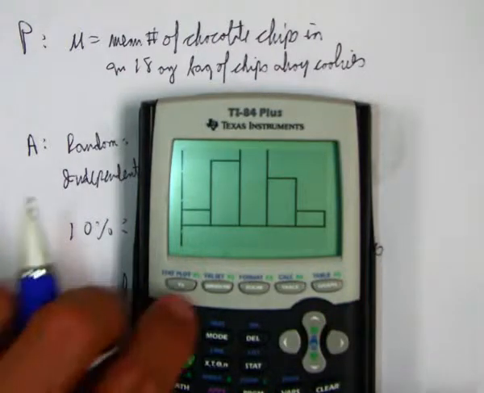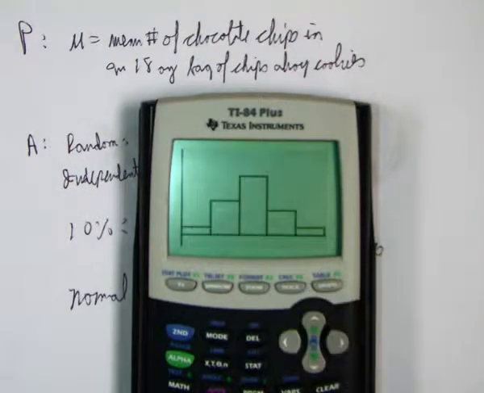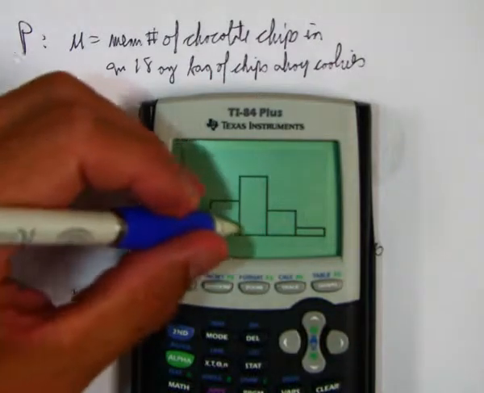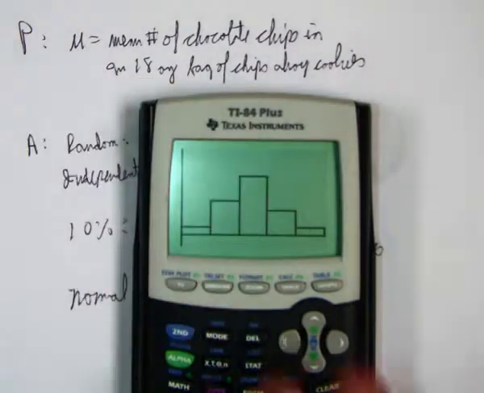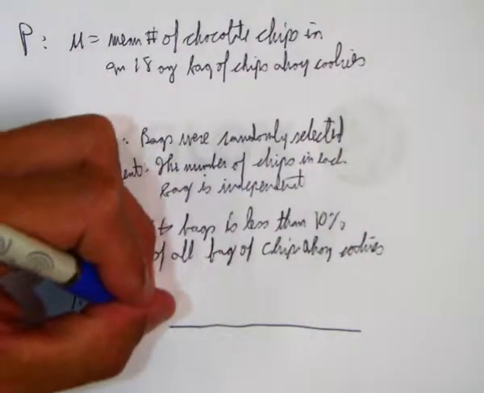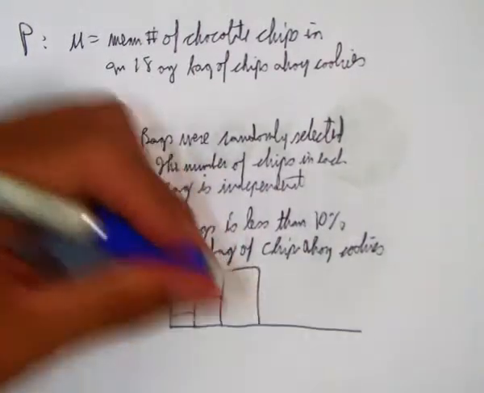So now I just got to change my Y max to like 10. So now, are you happy? Okay, it's roughly unimodal. That's definitely unimodal and symmetric. So this is 1,000, 1,100, 1,200, 1,300, 1,400, 1,500. So we're going to copy that down. Okay, and it's going to look like that.